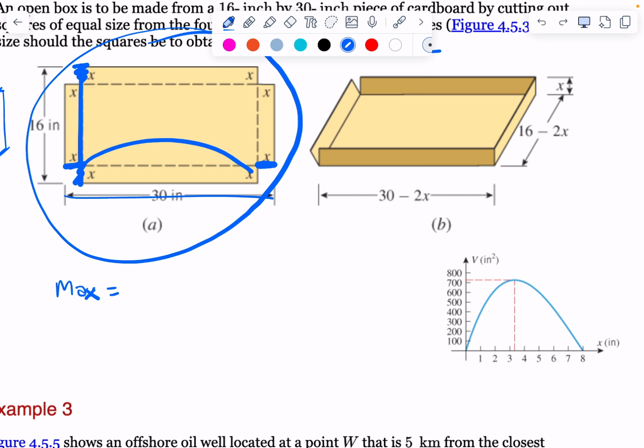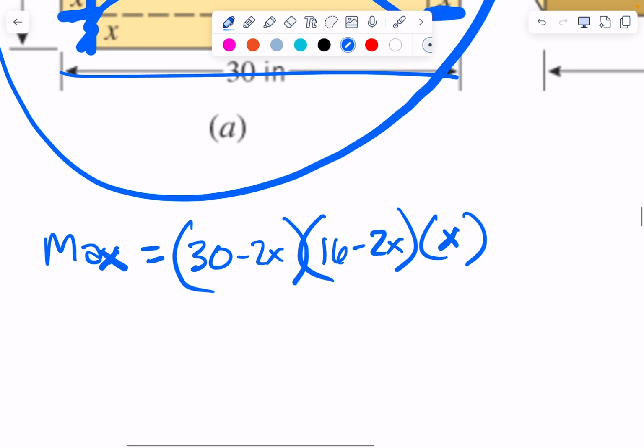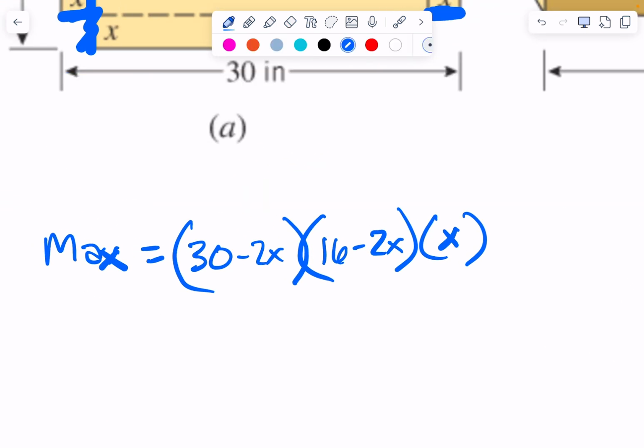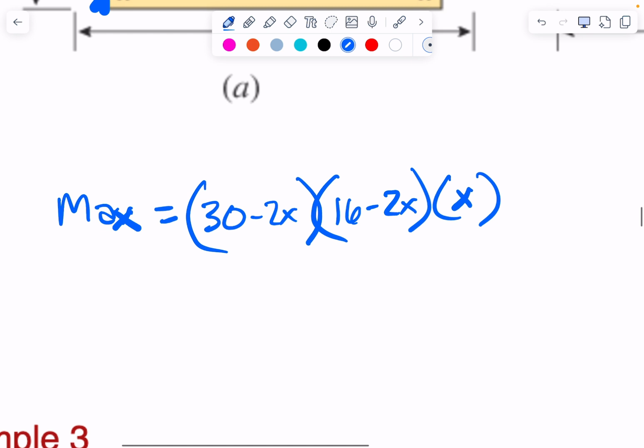So how do we find the volume of that rectangular prism? Length, width, height, all three of those dimensions times each other. So 30 minus 2x, 16 minus 2x, and then times x tall. Which ones would you like to multiply first?